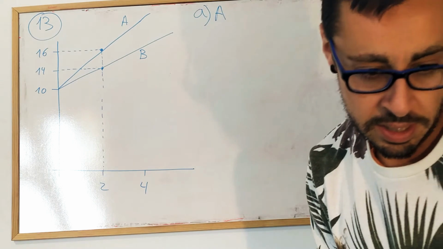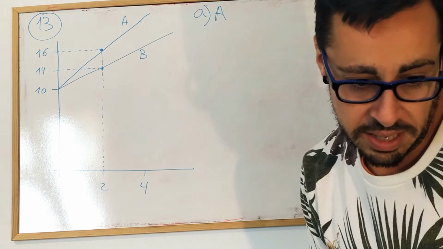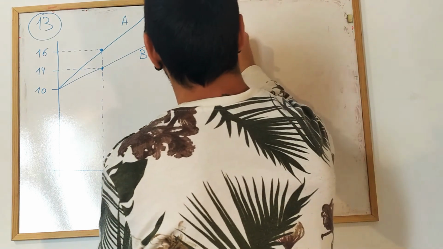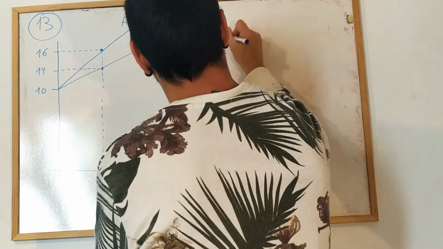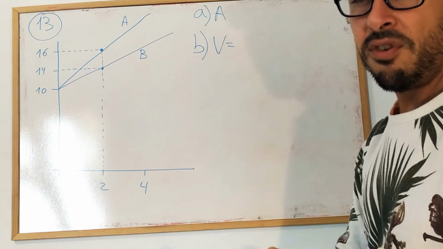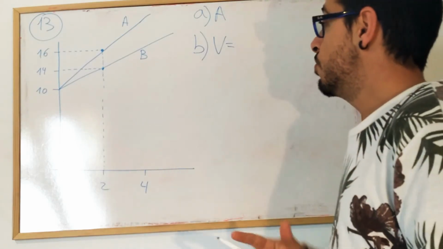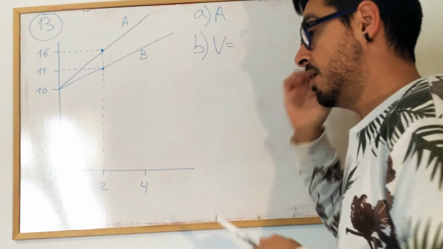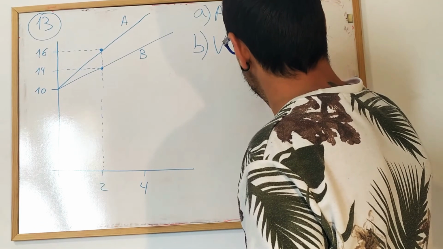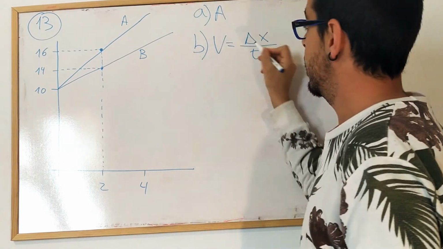And B, calculate the velocity of each one. Velocity equals, and please remember this. You know that velocity is the increasing of position divided into time.